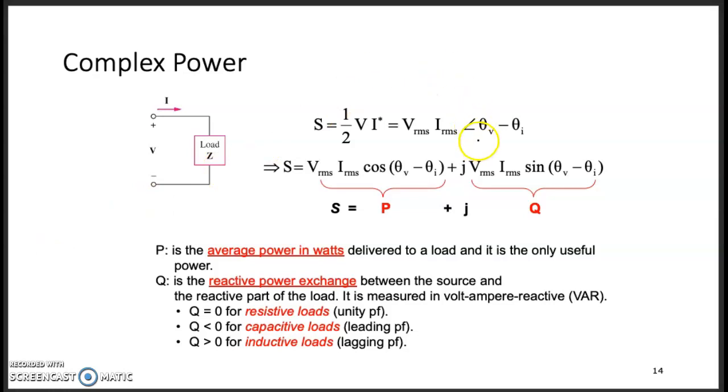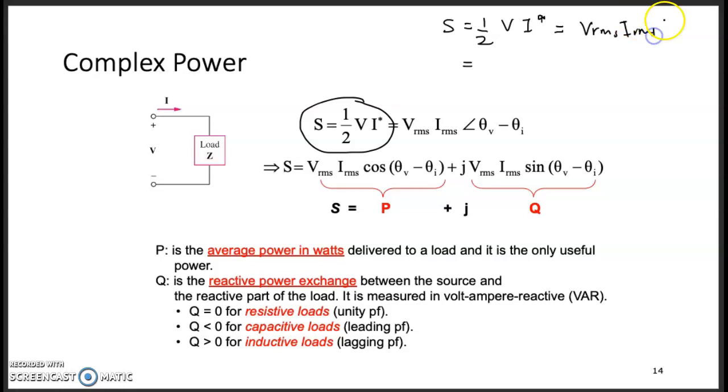Okay, so let's see what is the formula. This is from equation 1 previously. So you know that S equals half V I conjugate, right? And also what is half V I? This one is V RMS I RMS. This is the complex power, and then the conjugate.